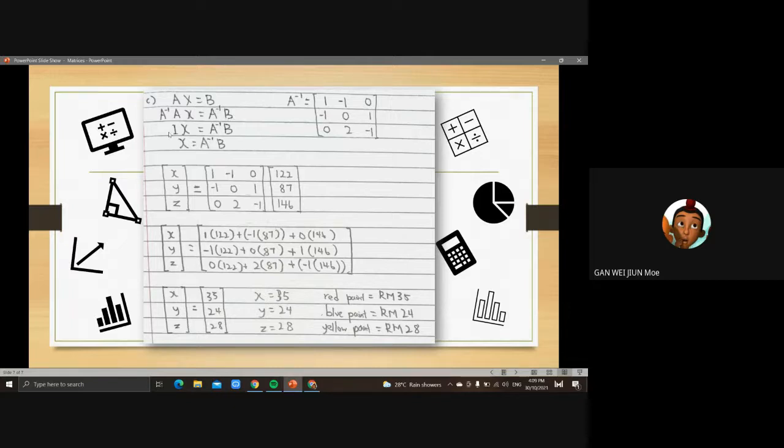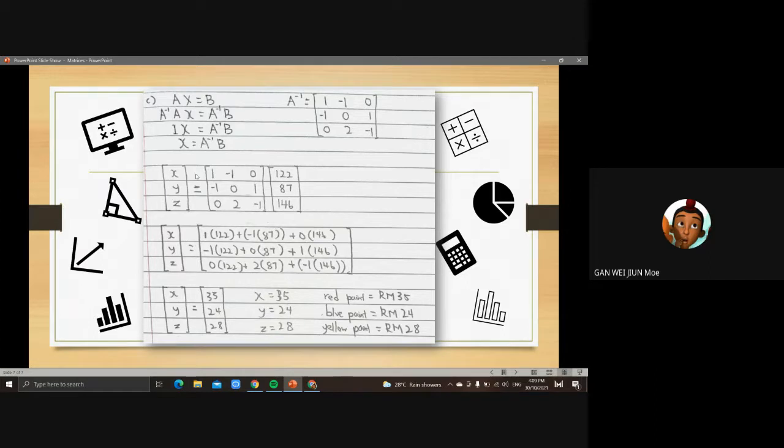Then we get the identity matrix, so X equals the inverse matrix of A multiplied by B. We substitute into the formula.